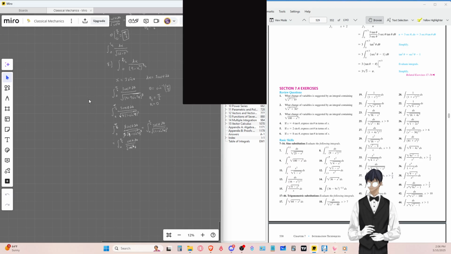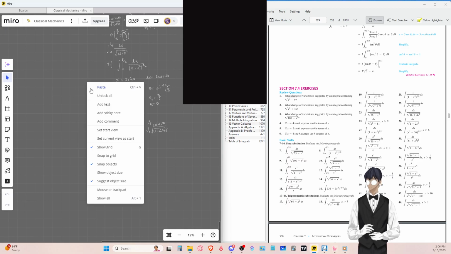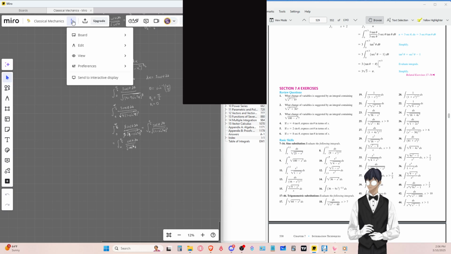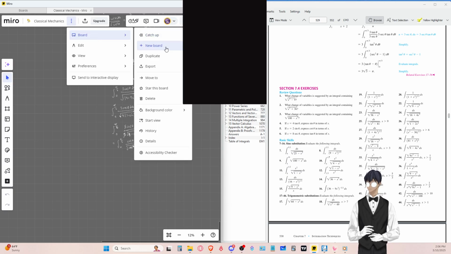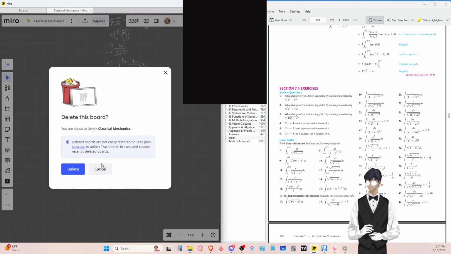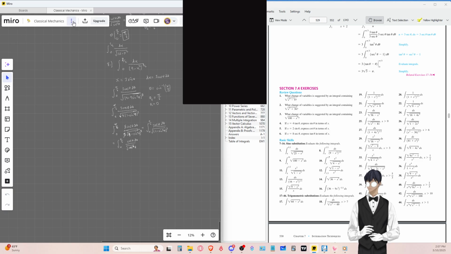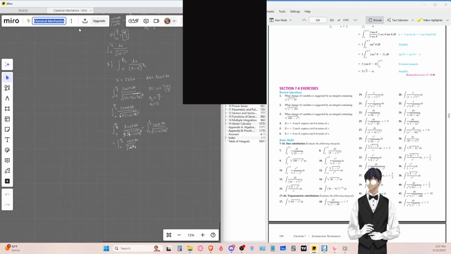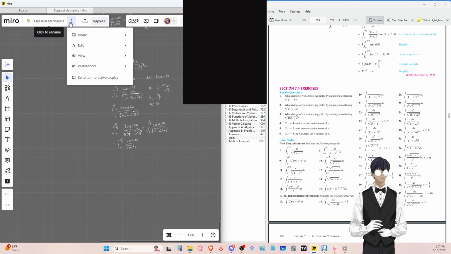I'm just trying to remember how to do that. Is there a button where I can just click clear? No, I don't want to delete it. I just want to clear the whole thing. Oh, that's renaming it.